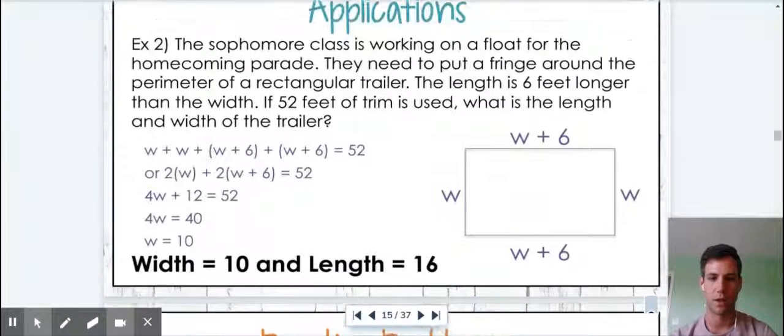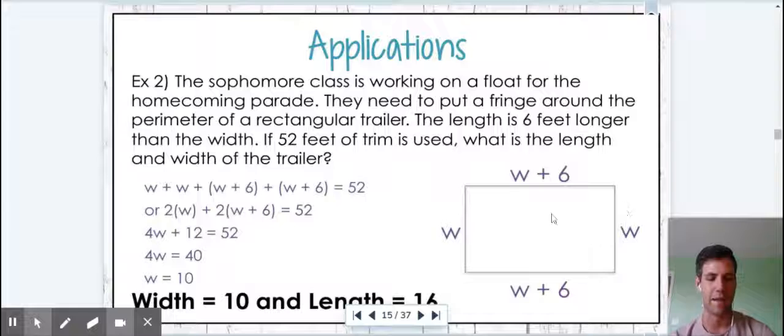So if we are looking at drawing a rectangle, we don't know the width of the rectangle, but we can also write that the length is 6 feet more than the width. So we have the width of the rectangle is these two sides opposite of each other. The length is the other two sides, and they're 6 feet more, so plus 6 on those.